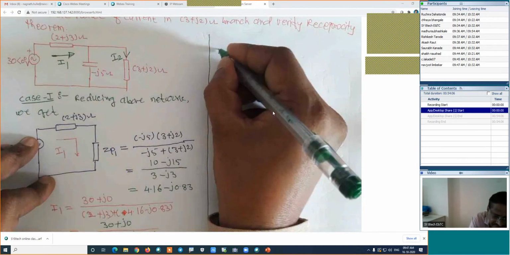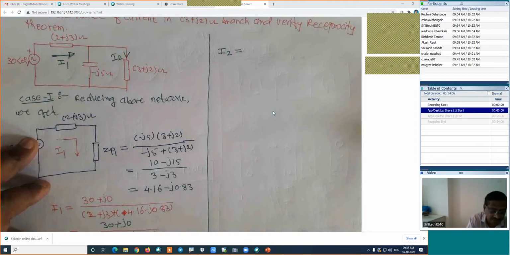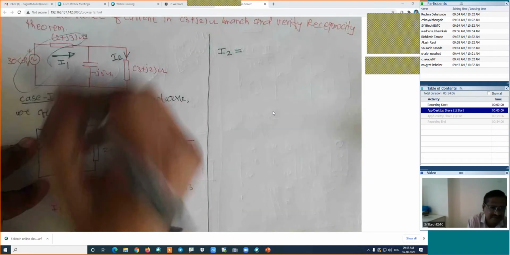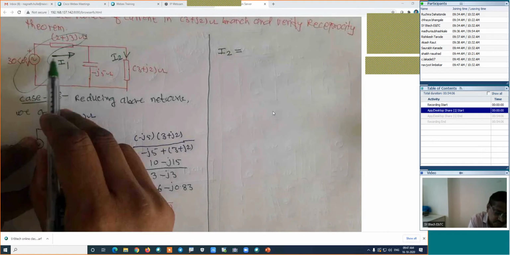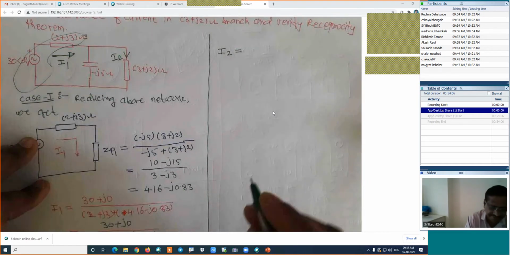I will write the formula for I2 directly. I will use the current division rule: total current into impedance of the opposite branch divided by impedance of both branches.